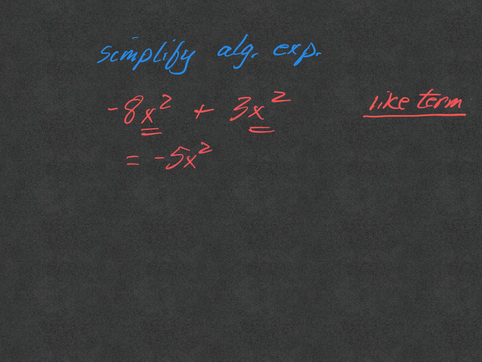Now, what happens is sometimes students will see something like 7x squared plus 2x minus 3 plus x squared minus 4x plus 1, something like that.